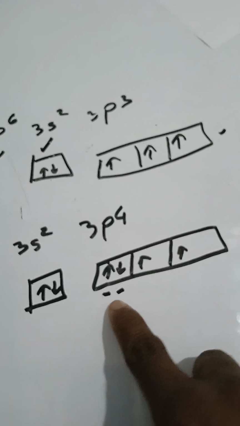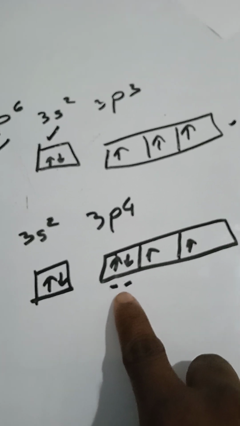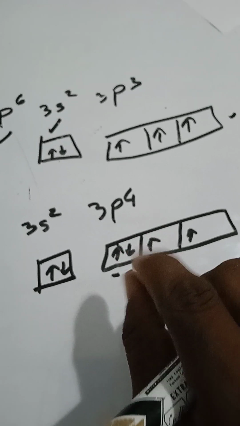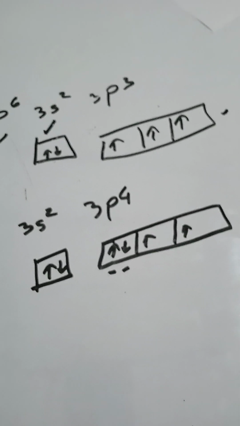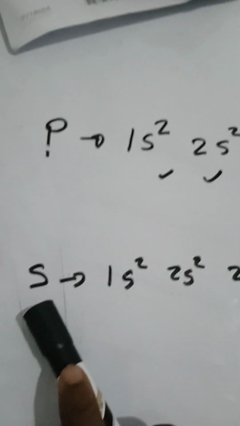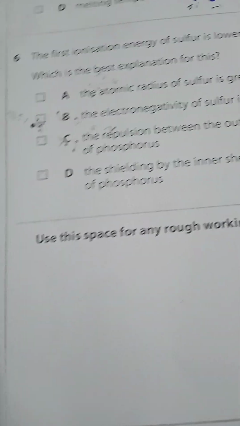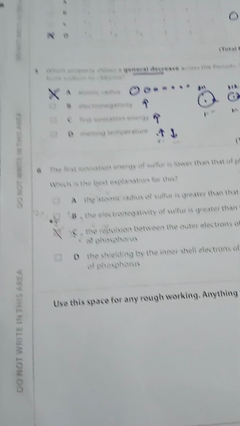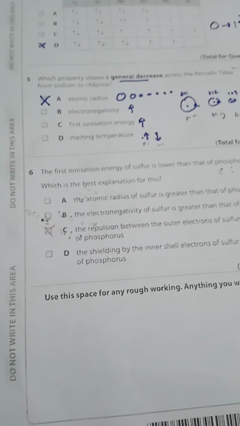In sulfur there is more repulsion because similar charges are in the same orbital, so they repel each other. So 1 electron can be easily removed. That is why sulfur's first ionization energy is less compared to phosphorus. So our answer is C. I guess you understood it. Right? Thank you.